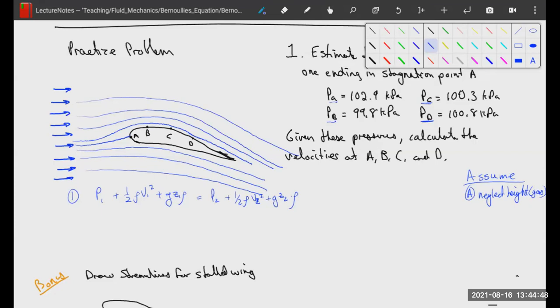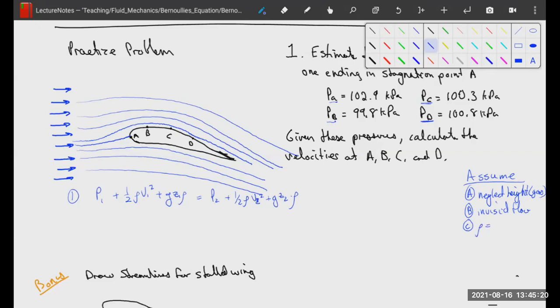Again, remember you're trying to do active learning here. So when I pause like that and ask questions for you, I'm trying to give you a little bit of time to write it down without having to necessarily pause the video every time. Okay, so other assumptions, go ahead and write down all of our assumptions that we need for Bernoulli's. There's 3 of them. B is inviscid flow. C, and I'm doing them kind of out of order from what I usually do, just because that actually helps with active learning, right?